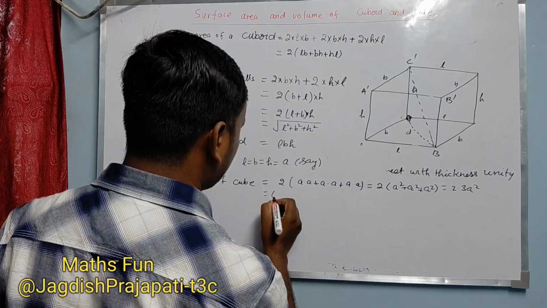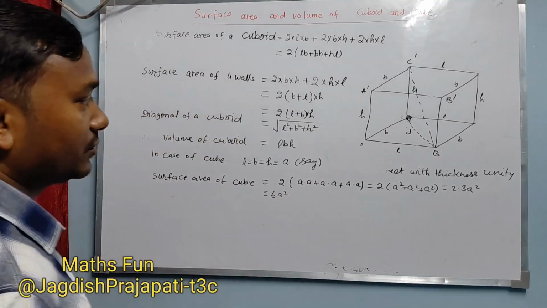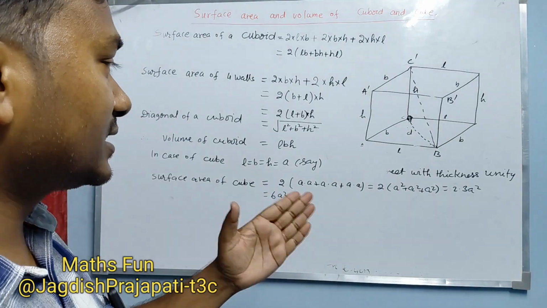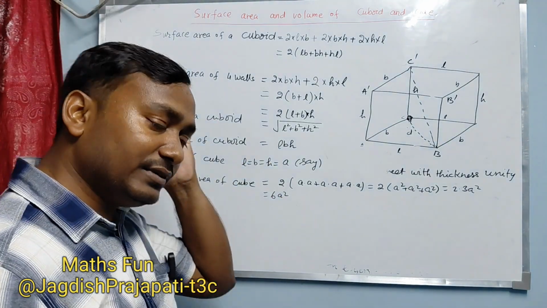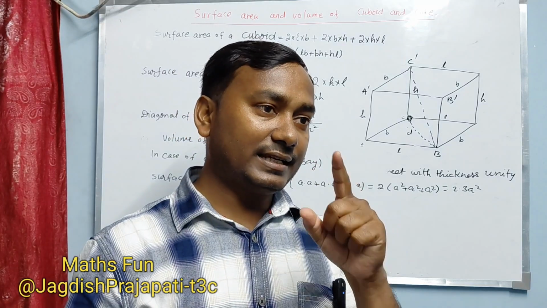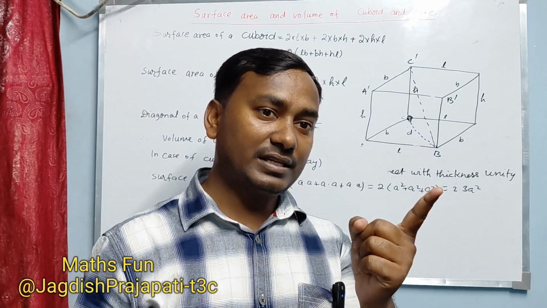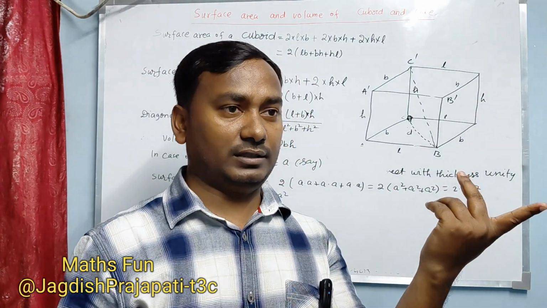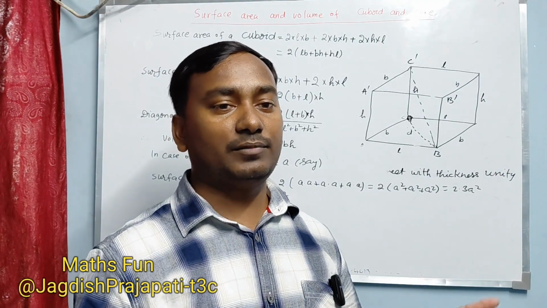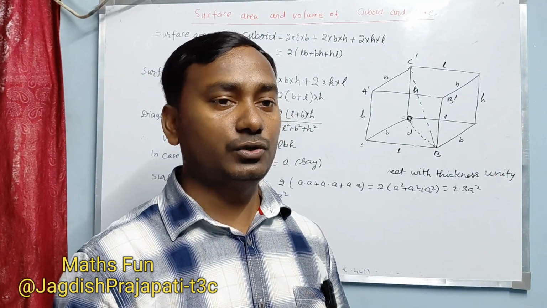This will be 6A square. So the surface area of the cube will be 6A square. And we know that there are 6 faces in a cube, and the area of one face is A square. So it is easy to say that 6A square will be the area of the complete surfaces in a cube.